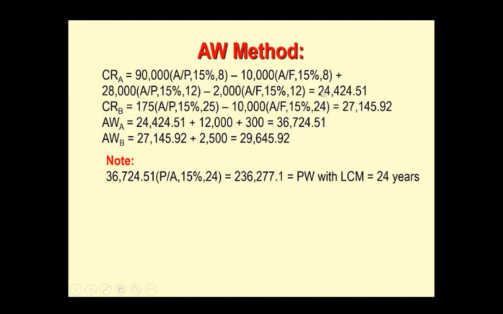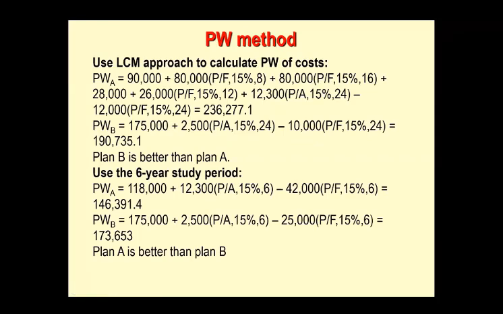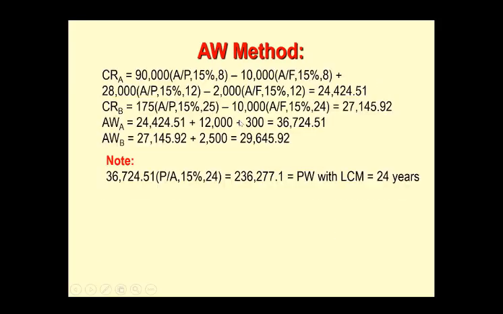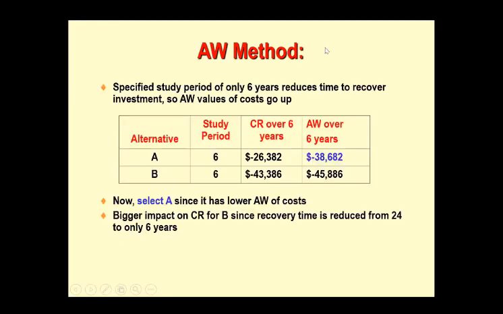But if we use the least common multiple approach to compare by present worth, we have to do a lot of calculations. So that is the advantage of annual worth analysis.